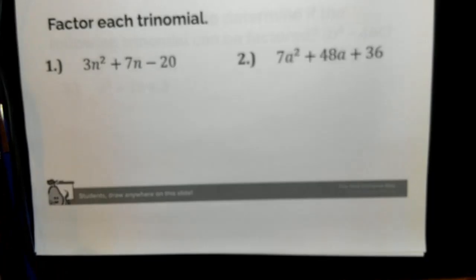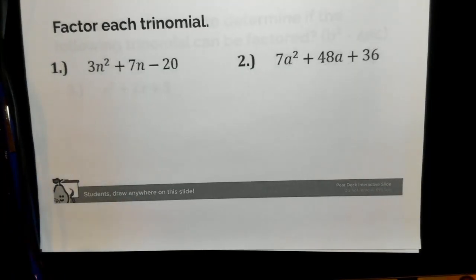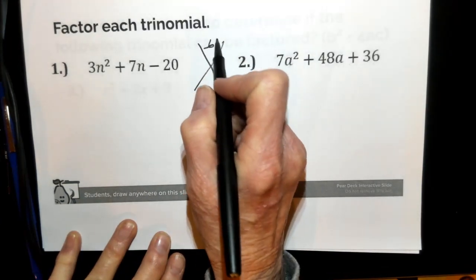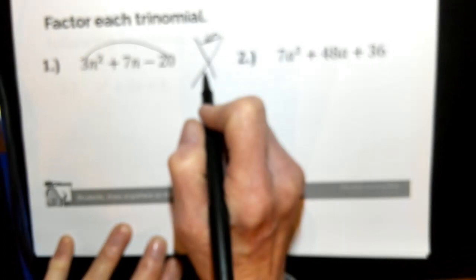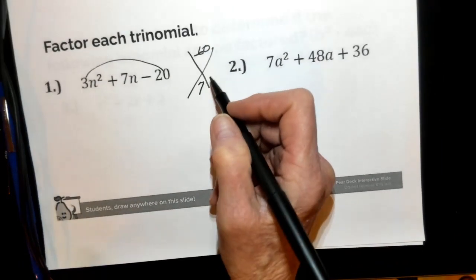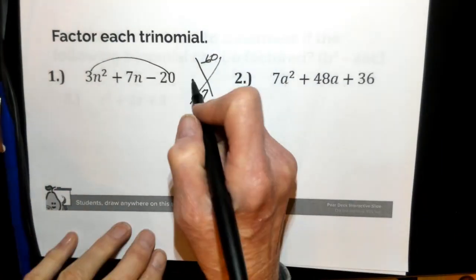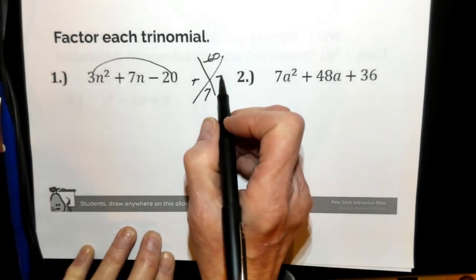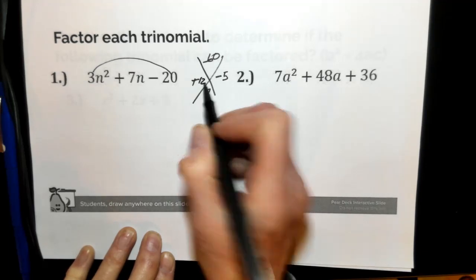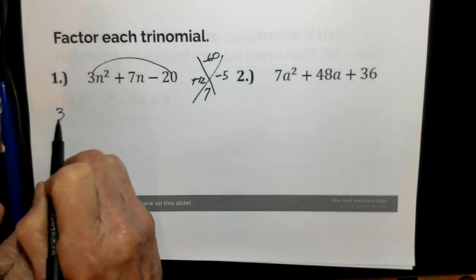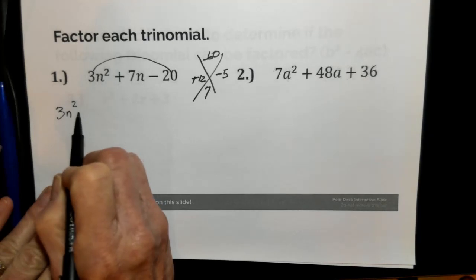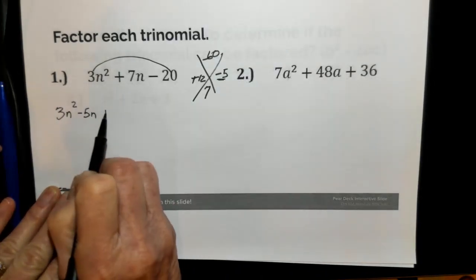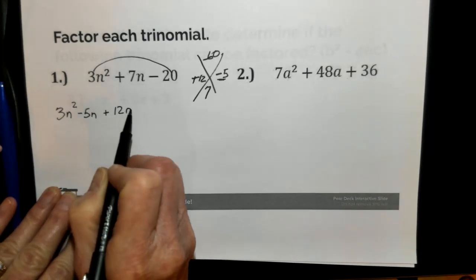Factor each trinomial. Okay, so of course you're going to make your little factor puzzle, right? What are the factors of negative 60 that add to 7? One has to be a plus and one has to be a minus. It's 12 and 5, but it's got to be negative 5 and 12. So this is when we regroup. 3n squared, I'm going to put the minus 5n first, because sometimes negatives mess me up.